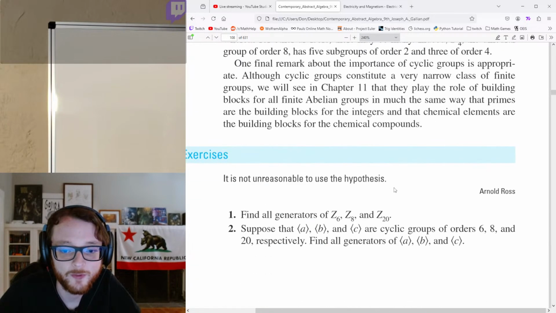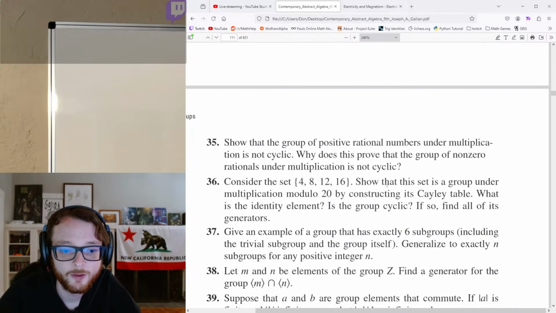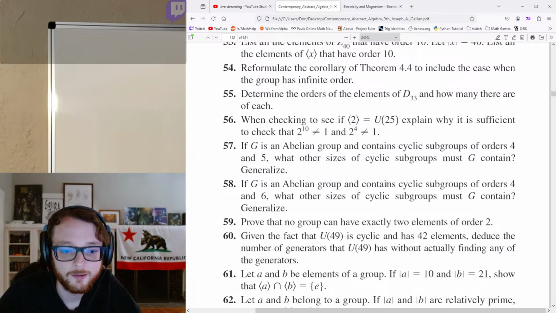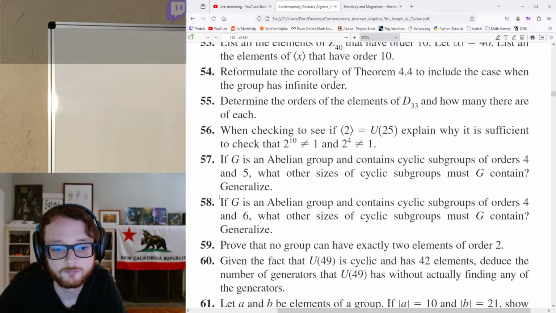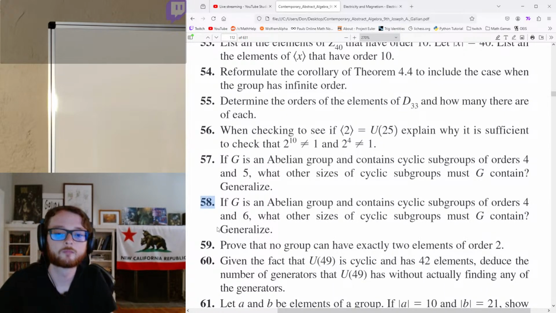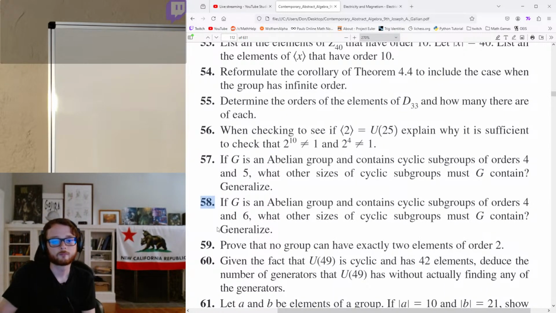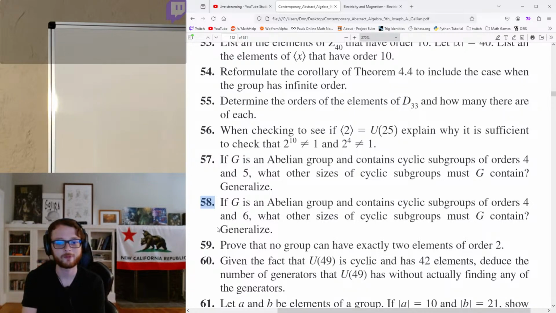The divisors of 12. And I guess the generalization is that if an abelian group, well, that still doesn't rely on the abelian part. Can we say even more than this?